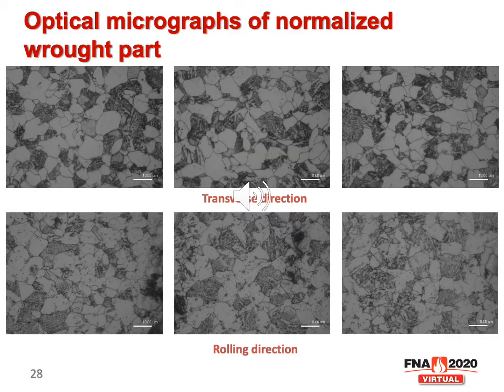This is the microstructure of the normalized wrought part. You can see there is no big difference between the as received wrought part and the normalized wrought part. So it's still ferrite plus pearlite. However, in the rolling direction, the banded structure disappeared after normalization.